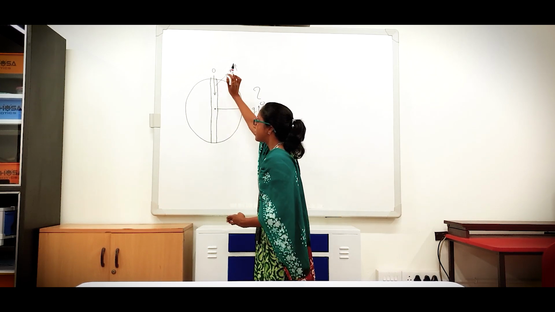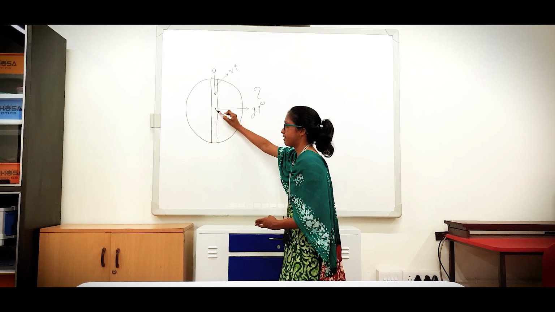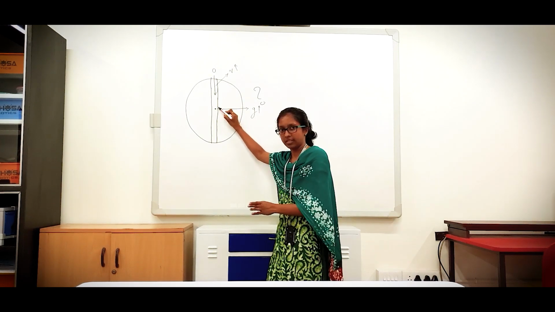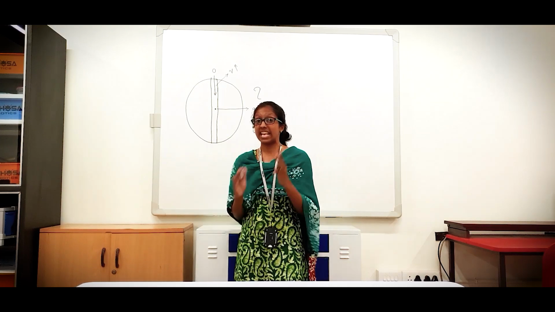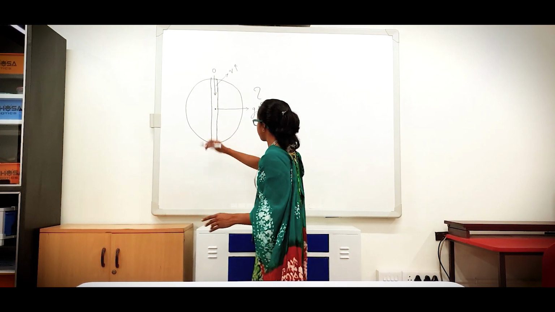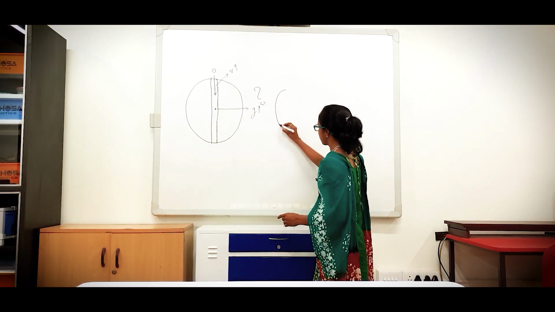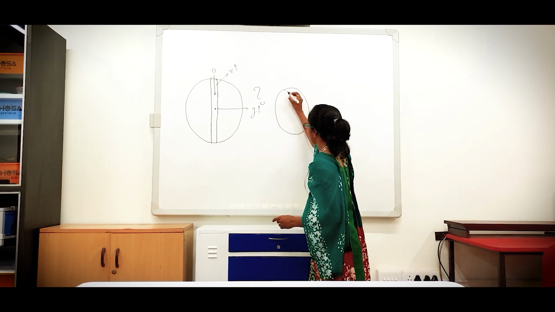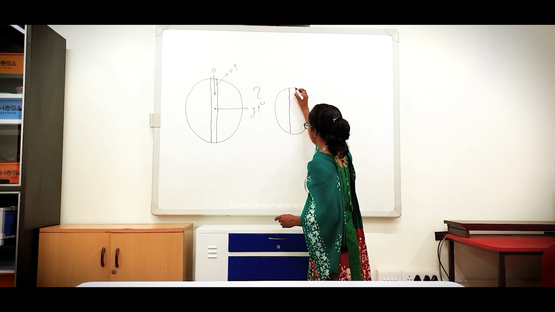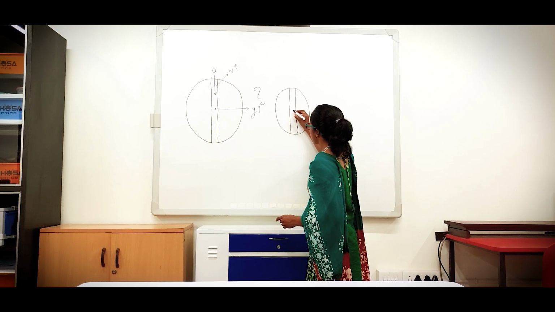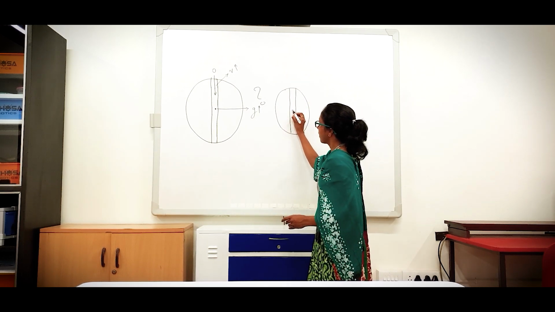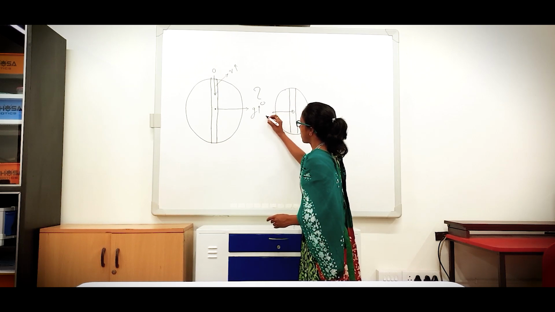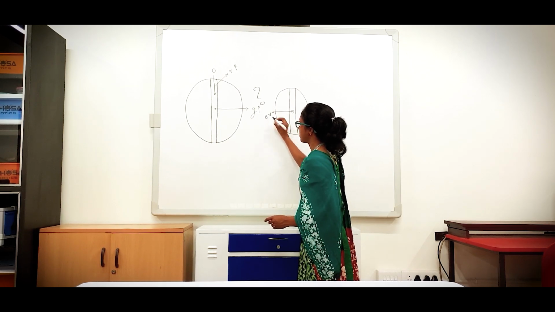Once this object reaches the center of the Earth, it gains a velocity which is called escape velocity. So now the object is at the center, and this time it gains a velocity which is called escape velocity.